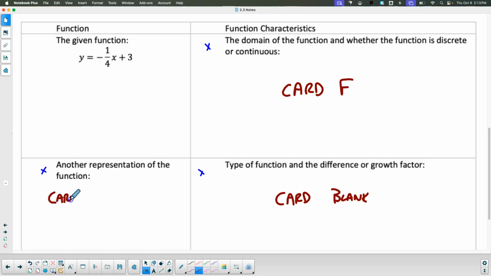The rest of them I know have a letter on them. The little letter is up in the corner of the cards. It tells you which card it is. So you and your table now are doing the rest of them. There's 6 more for you to do based off of that.